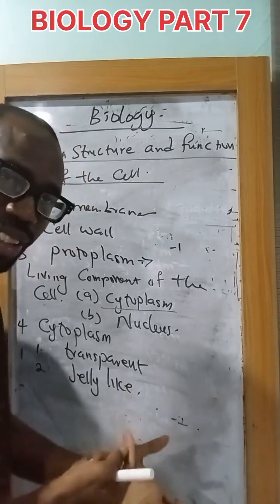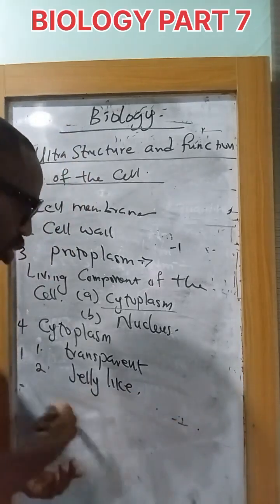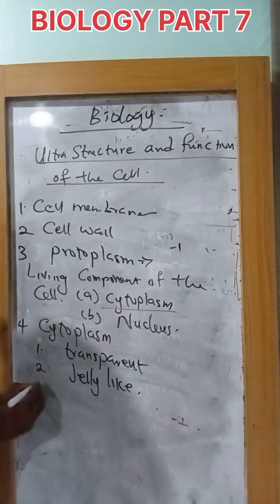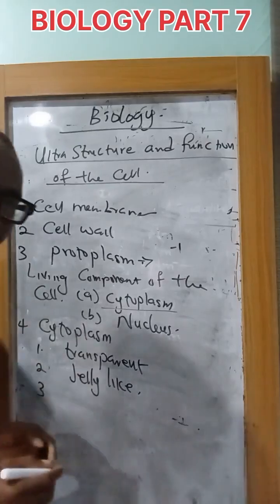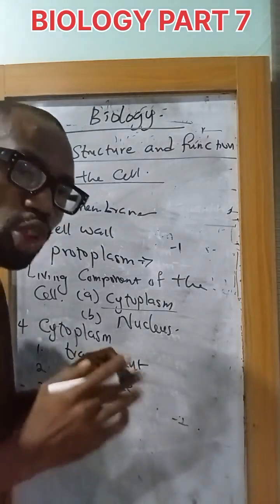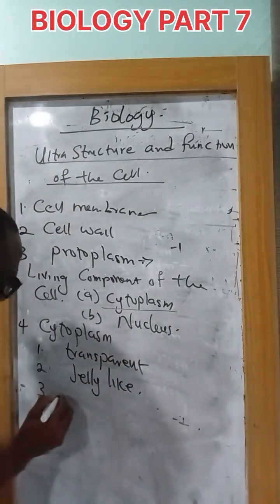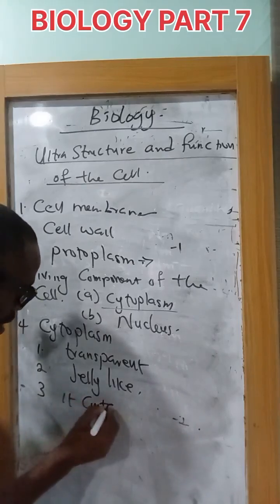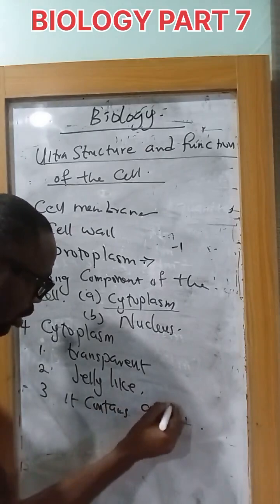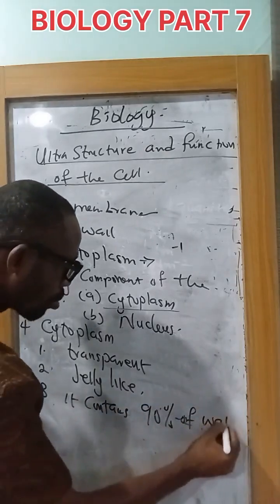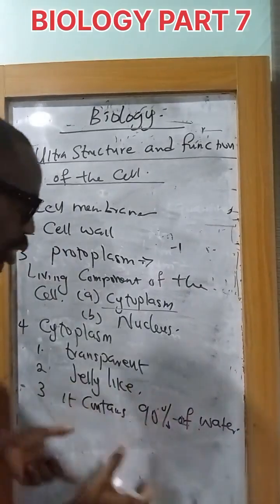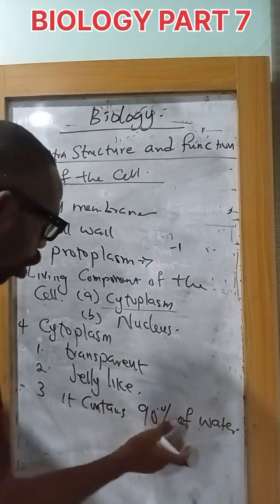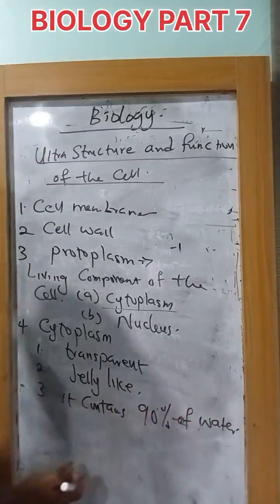When you take it, you see the way it looks, that jelly structure. Another thing about the cytoplasm is that it is predominantly made up of water. It contains 90% water. Or 90% of what is found in the cytoplasm is water.